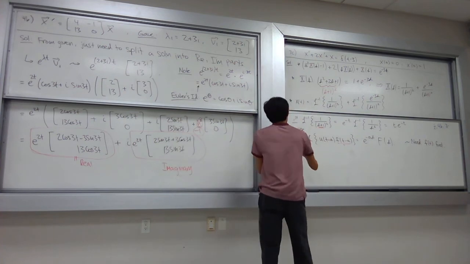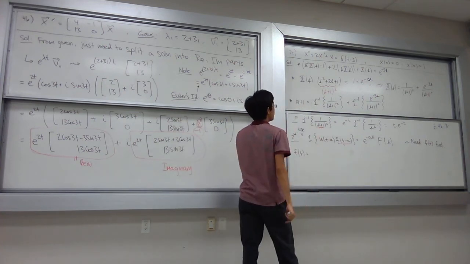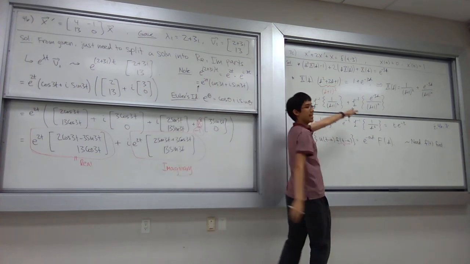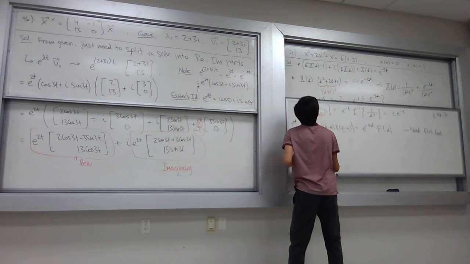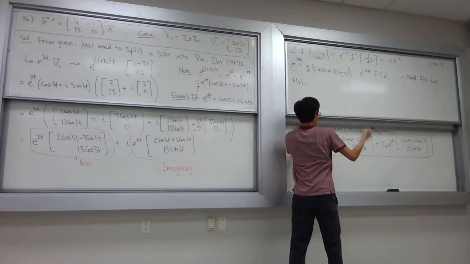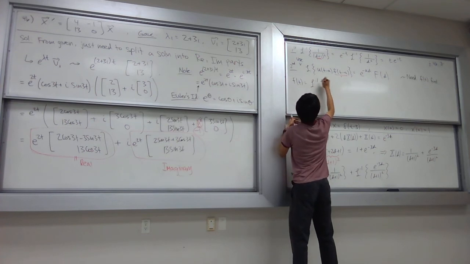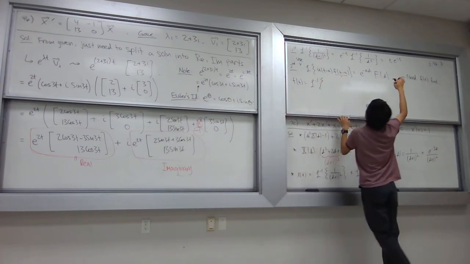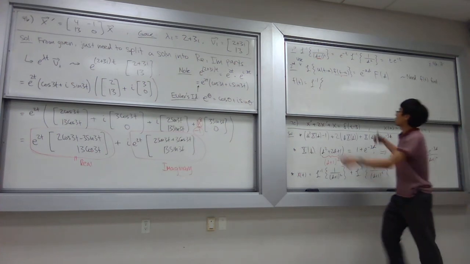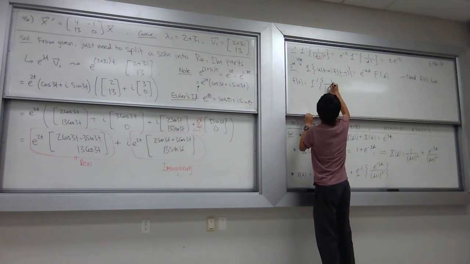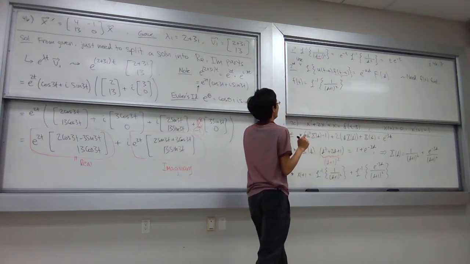Little f of t is given by the inverse transform of this term without the e, so it's just 1 over s plus 1 squared. Well, we just do that. What is that?